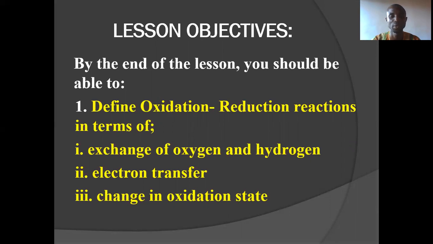Number two, to define oxidation in terms of electron transfer, and also to define oxidation reduction reaction in terms of change or changes in oxidation states. By the end of this lesson, you have to define oxidation reduction reaction in terms of these particular areas. If any of them is referenced to you, you will define it based on that.